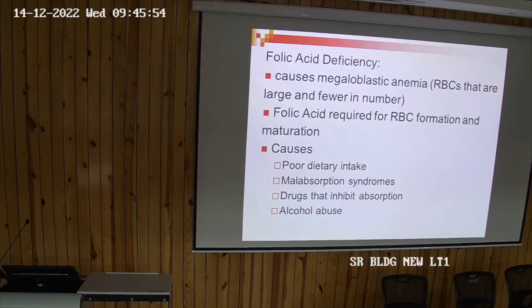Malabsorption syndrome: the dietary supplements are proper, but still it is not being reabsorbed. Drugs that inhibit absorption and alcohol abuse.